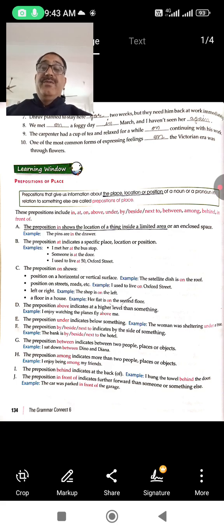The next rule, G. The preposition between indicates between two people, places, or objects. For example, I sat down between Dino and Dinah. Here between is used for two objects.